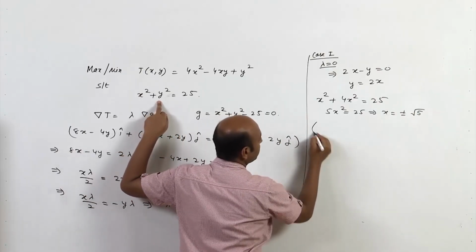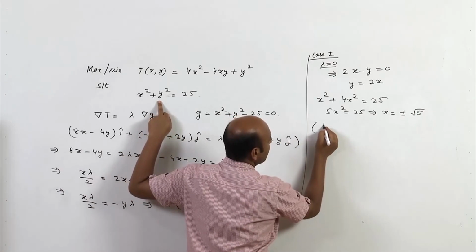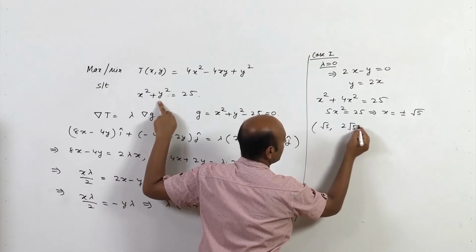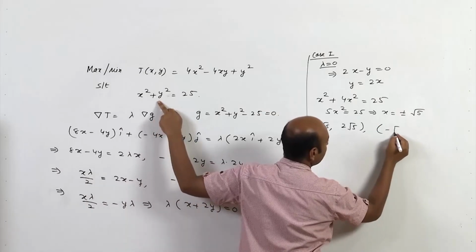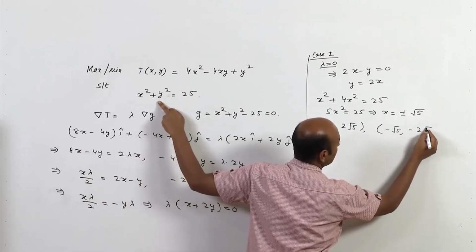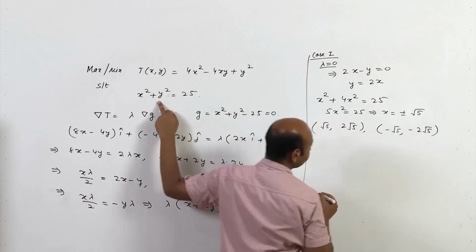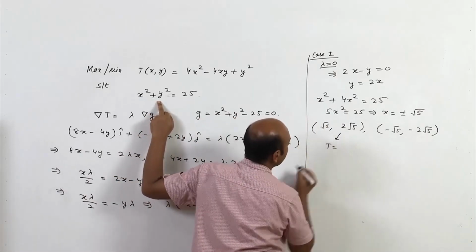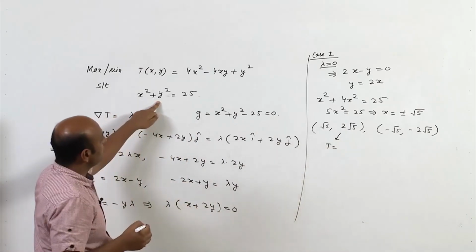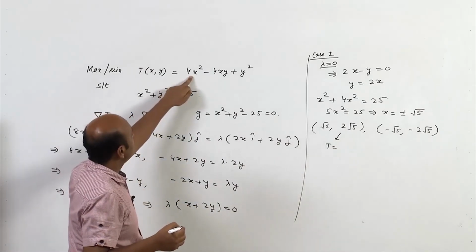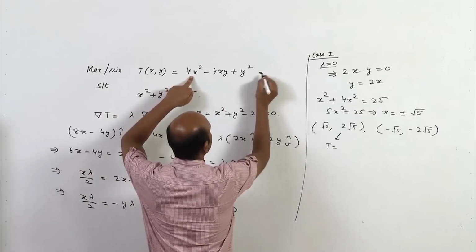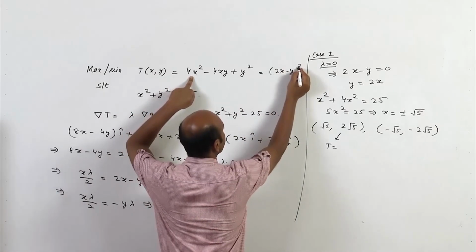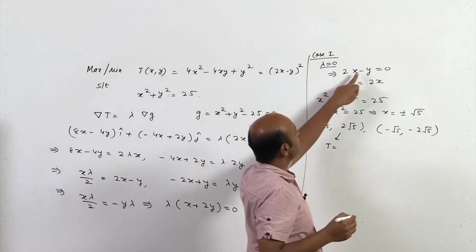So, what will be the point? When x is √5, y will be 2√5, and when x is −√5, y will be −2√5. And what will be T at this point? When you carefully see, T is (2x − y) whole square, and 2x − y is 0.